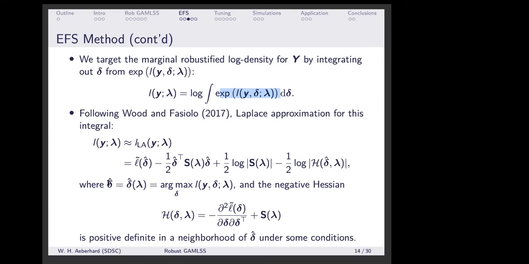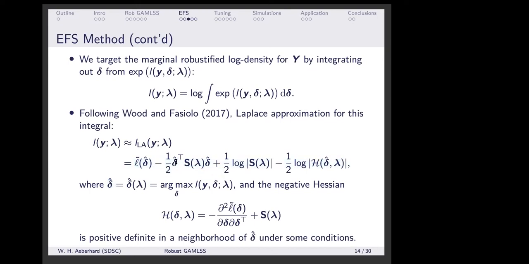The maximizer for delta here is in fact the robust estimator I just introduced. Because the expansion is taken about a maximum, the first order term vanishes, it's zero gradient, and we're left with the second order term, which is essentially the kernel of a multivariate Gaussian. And this allows us to write the Laplace approximated marginal robustified log likelihood like this.